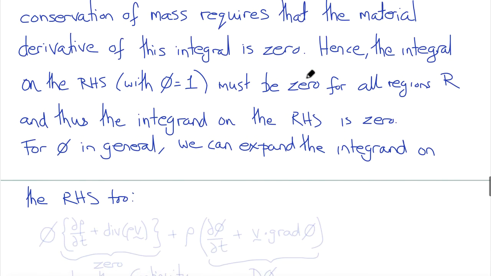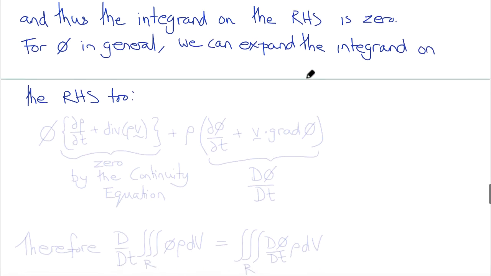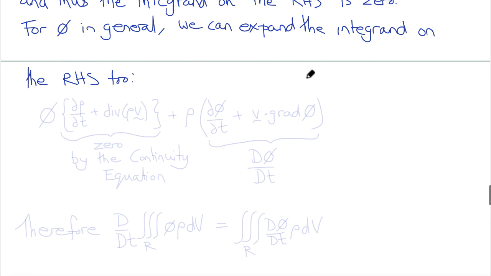For phi in general, we can expand the integrand on the right-hand side. We'll get phi times del rho del t plus the divergence of rho v, plus rho times del phi del t plus v dot grad phi.